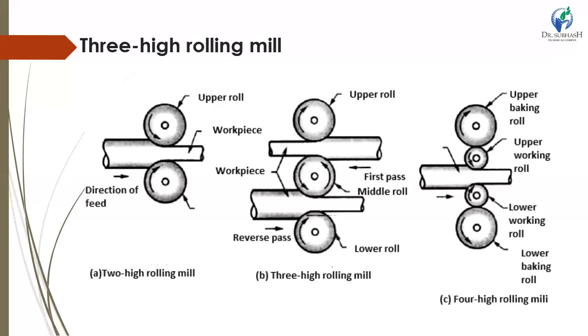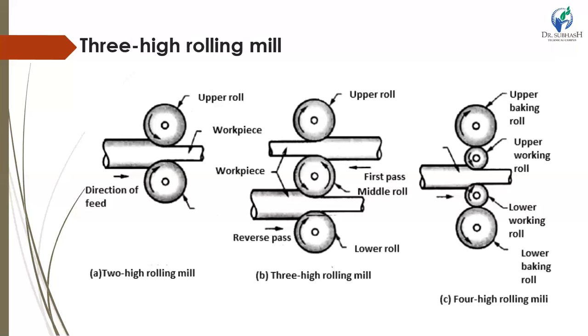The direction of rotation of the upper and lower rolls is the same, but the intermediate roll rotates in the opposite direction to them. You can refer to diagram B, which is given in the middle.